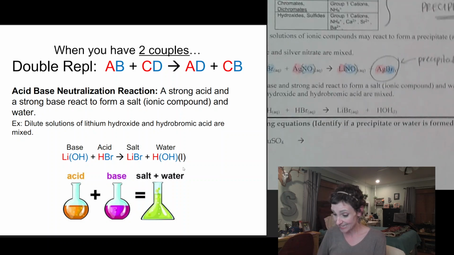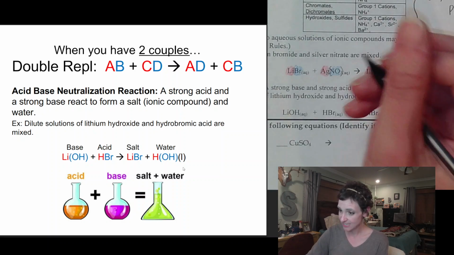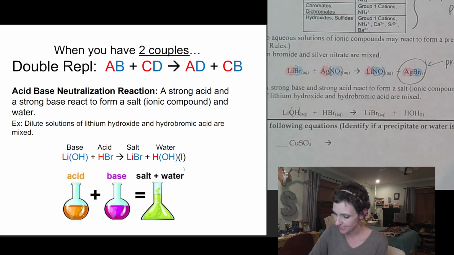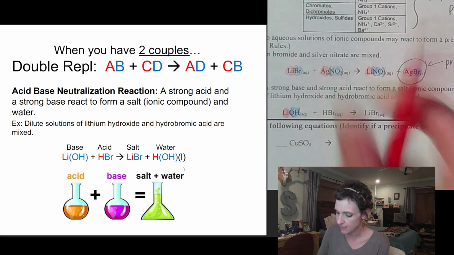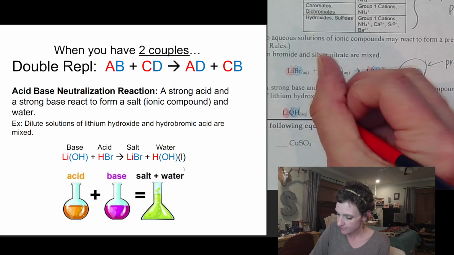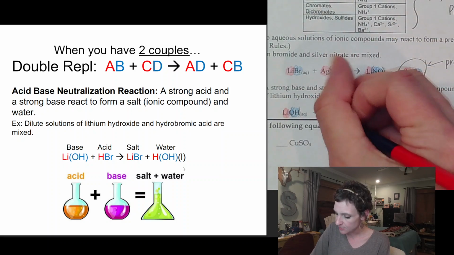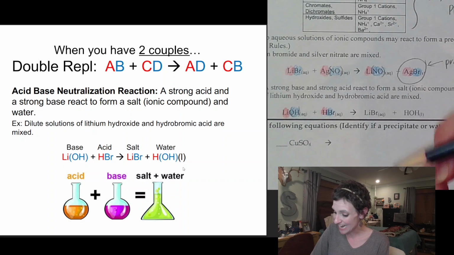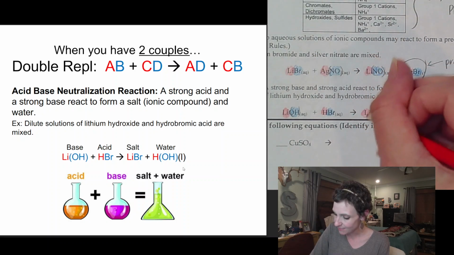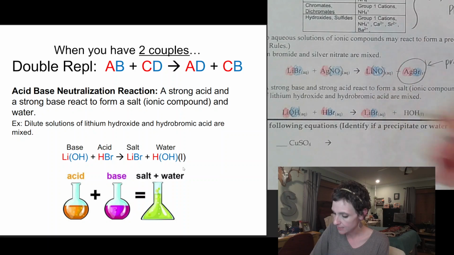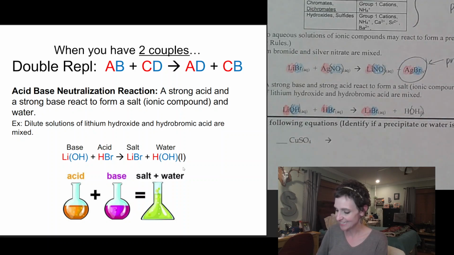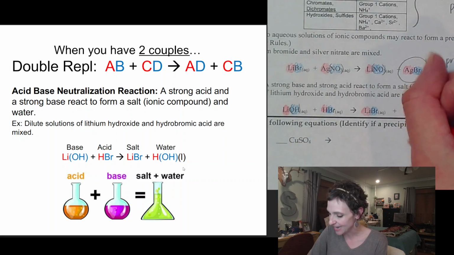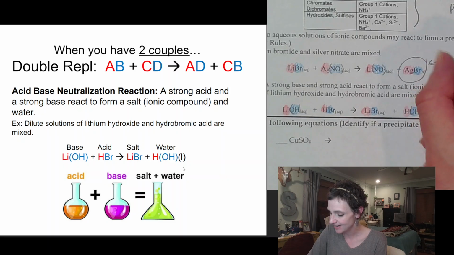Okay, so my example here was my lithium hydroxide. I put my hydroxide in parentheses so I can more clearly see him as just the anion. Not a big deal. We like him, right? And we're swapping partners with my hydrobromic acid to where I get a salt of lithium bromide, and my water, who is acting like an ionic compound between hydrogen and hydroxide.